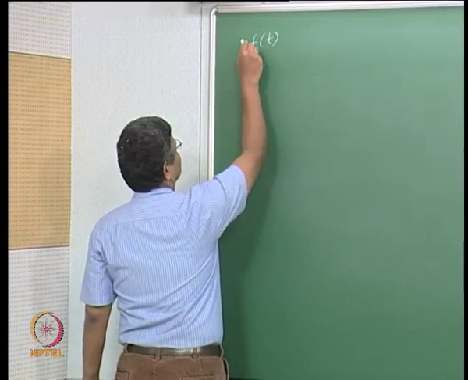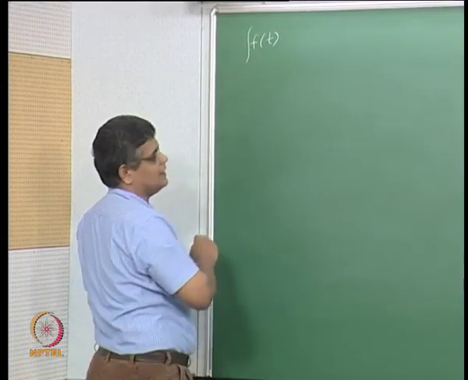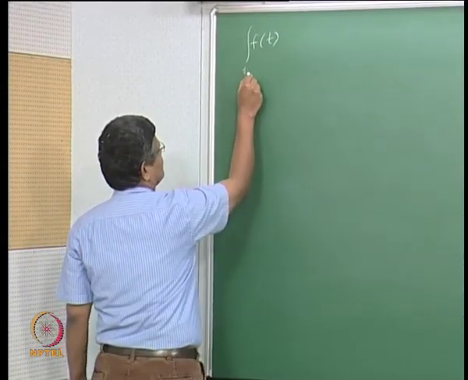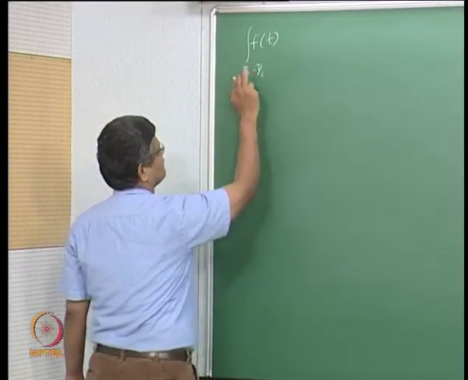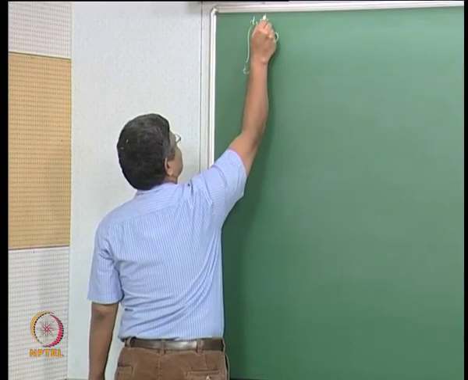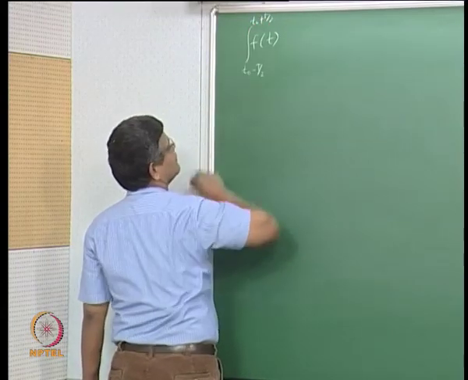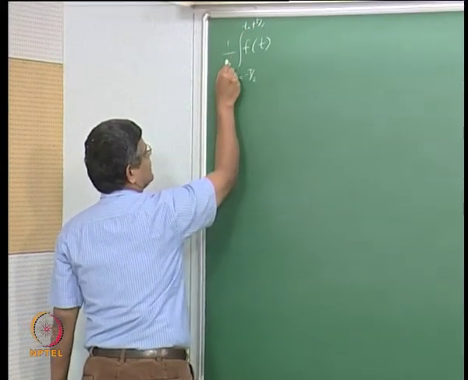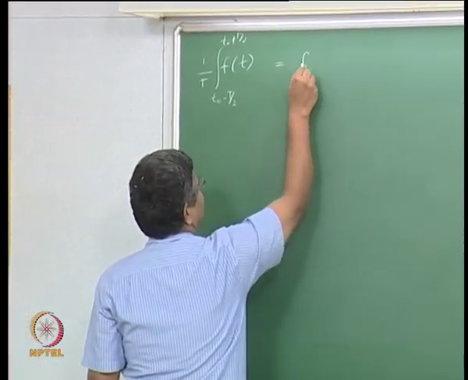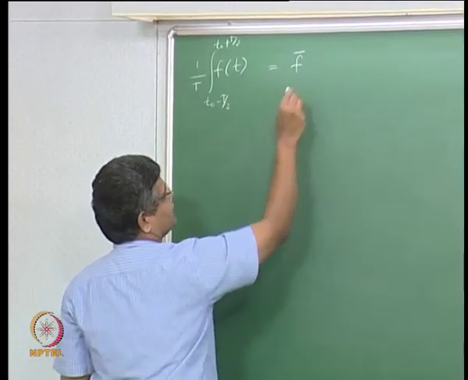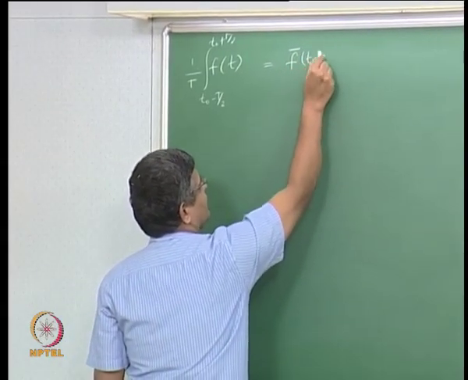Therefore, if you were to take an integral of this around a point t0 over a time interval of capital T, and you divide by the total time period, then this gives us the time average quantity of f at this particular time t0.